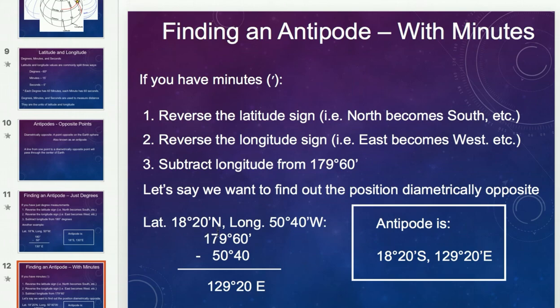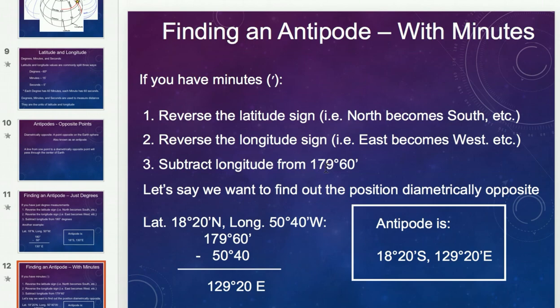You're doing the same thing, except you have to convert your 180 degrees to where it has minutes in it. 180 degrees equals 179 degrees and 60 minutes, because there are 60 minutes in a degree.